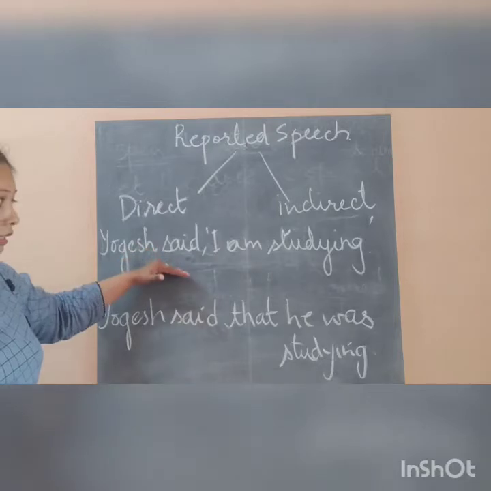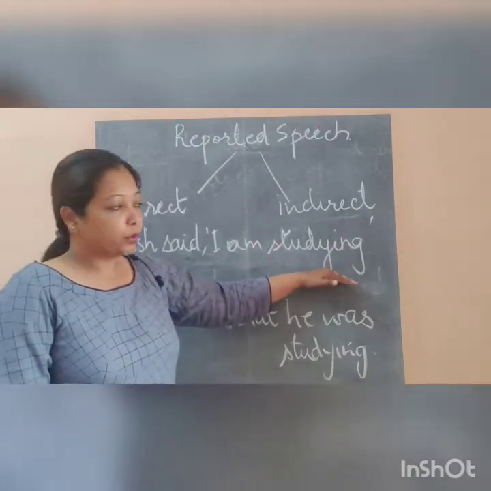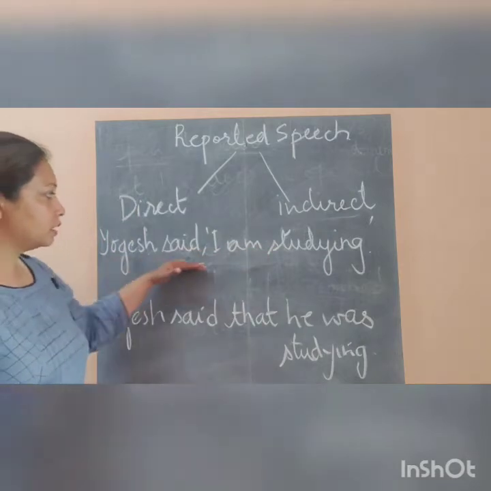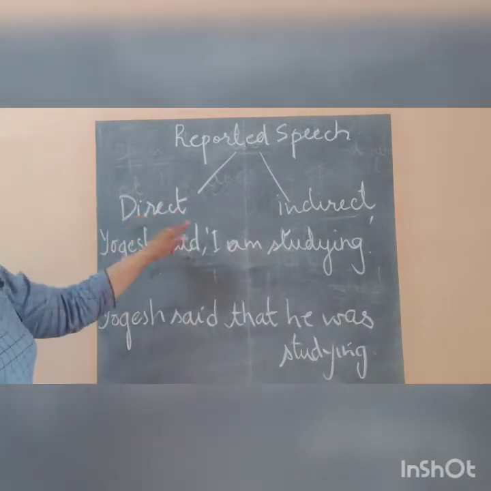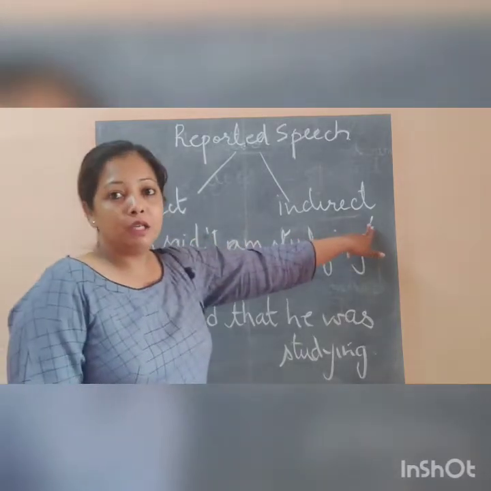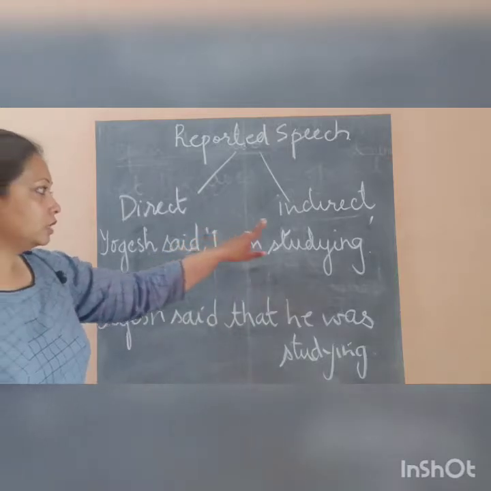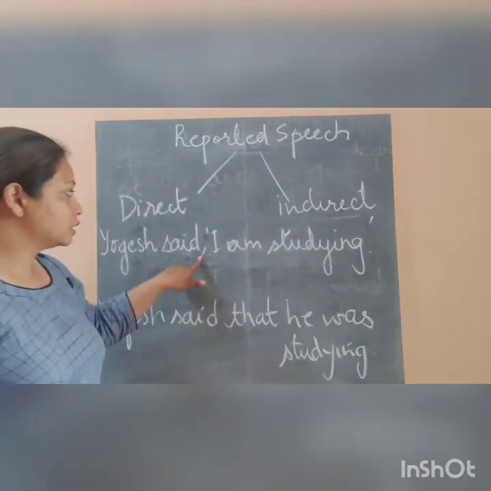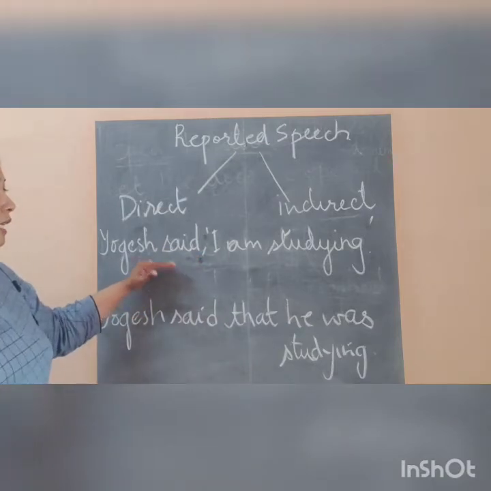Yogesh is saying that I am studying. So this is direct speech. It will always be in quotes, with a comma here. So this is said to be direct.